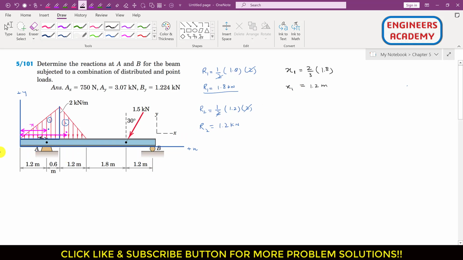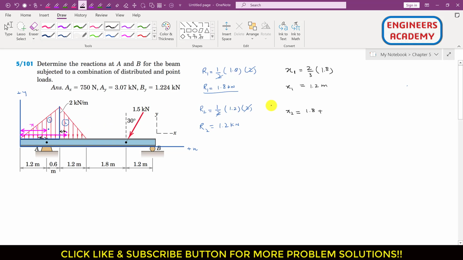And similarly, if we want to find this x2, then this x2 will be equal to this 1.8, right, plus this small distance. So this distance will be equal to 1/3 of this base, right? Since from the apex, this distance will be 2/3 of this 1.2, and from this base this is 1/3 of this 1.2, right?